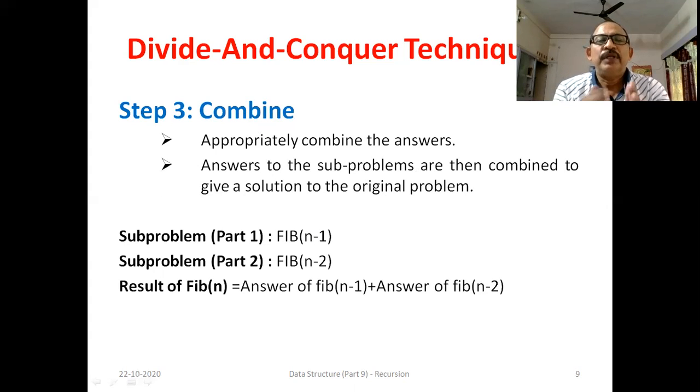Here we appropriately combine the answers of the sub-problems. What are the sub-problems? Fib n minus 1, and second sub-problem is fib n minus 2. Here, the result of fib n is obtained by adding the result of fib n minus 1 and fib n minus 2.